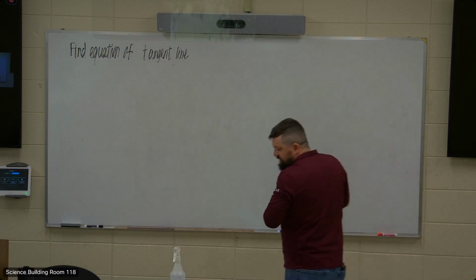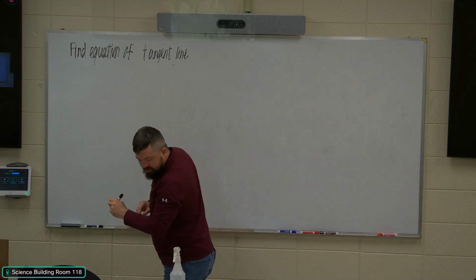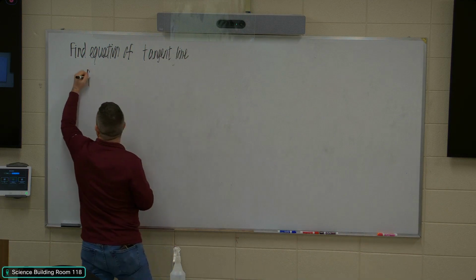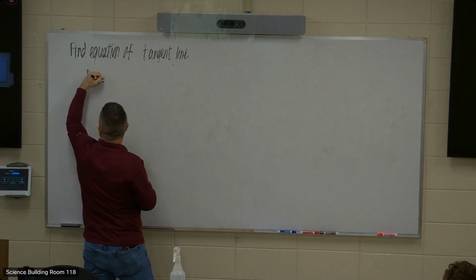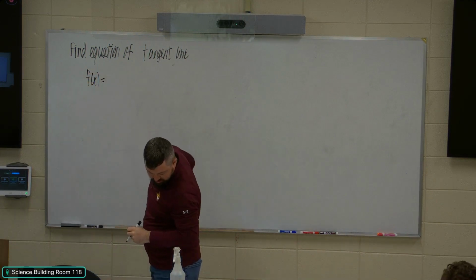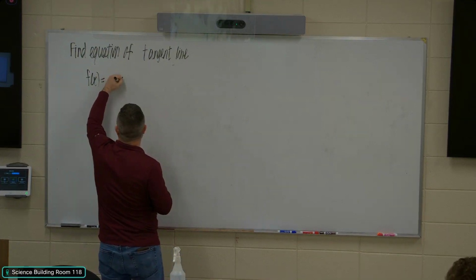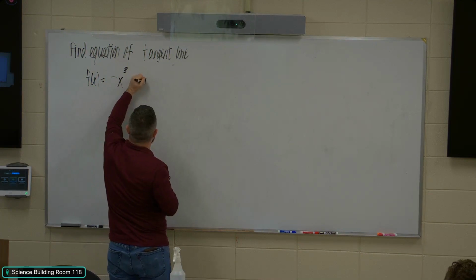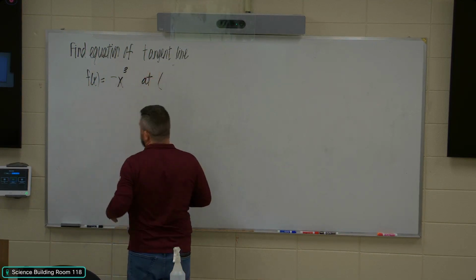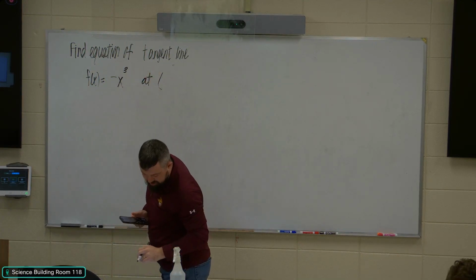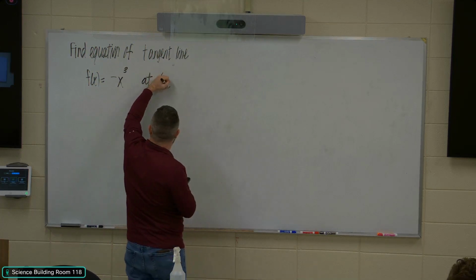On the equation of the tangent line, and it is for the function, easy function, negative x cubed, and there's a point of negative 2, 8.